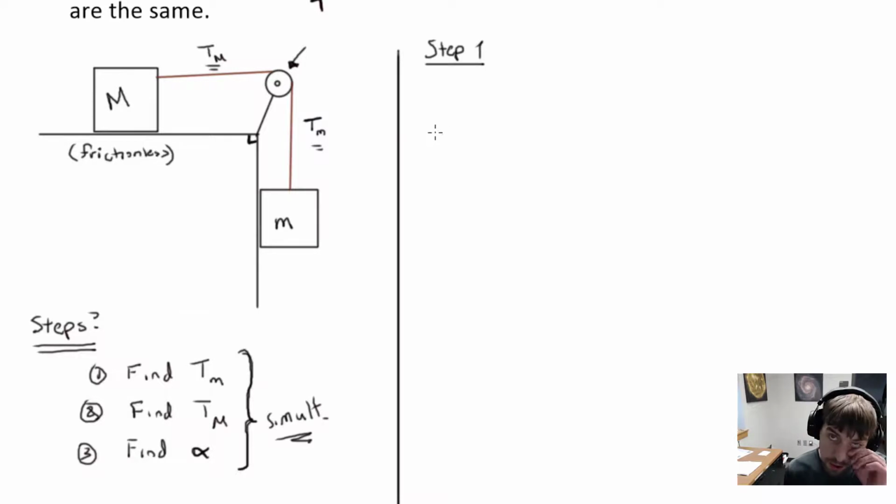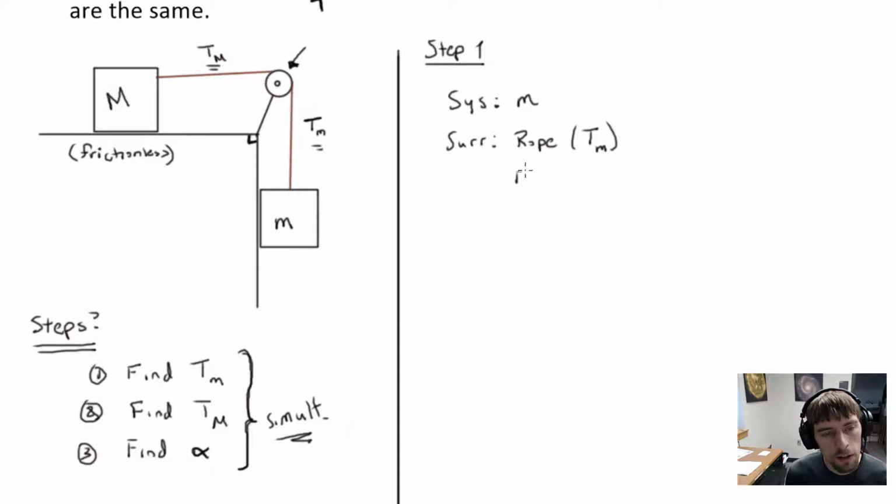I'm going to actually do this in terms of forces. We're taking our system as being the hanging mass, little m. We're taking our surroundings as being the rope, which exerts this tension force, what I'll call T_m, and the earth, which I'll call the gravitational force F_g.